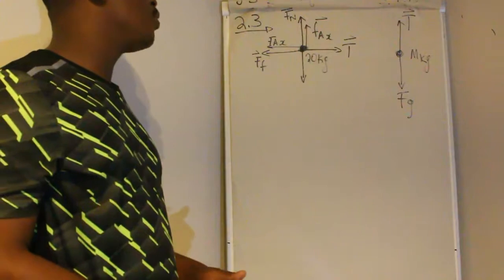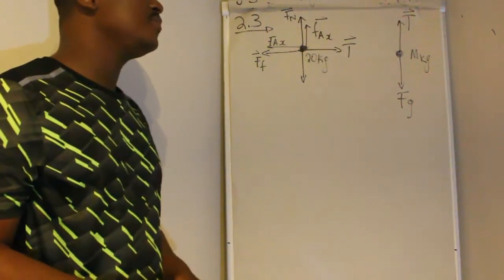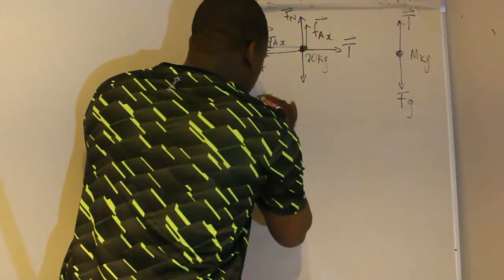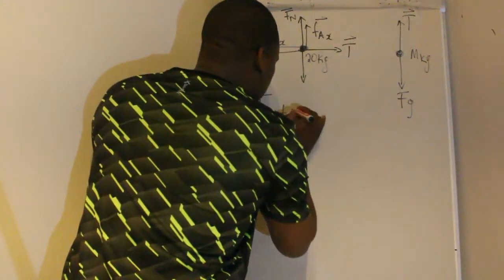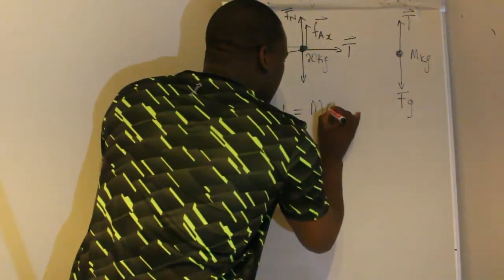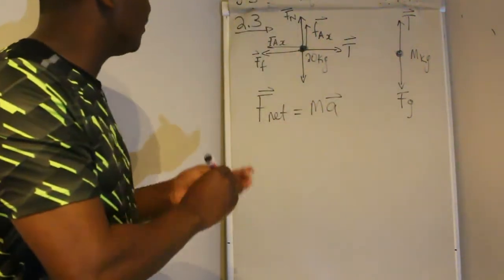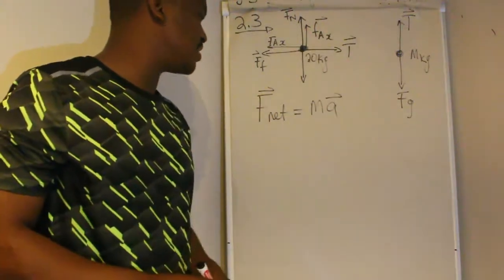Now, what you use here is Newton 2. Newton 2 is as follows: F net is equal to ma. Force is a vector and acceleration is a vector.